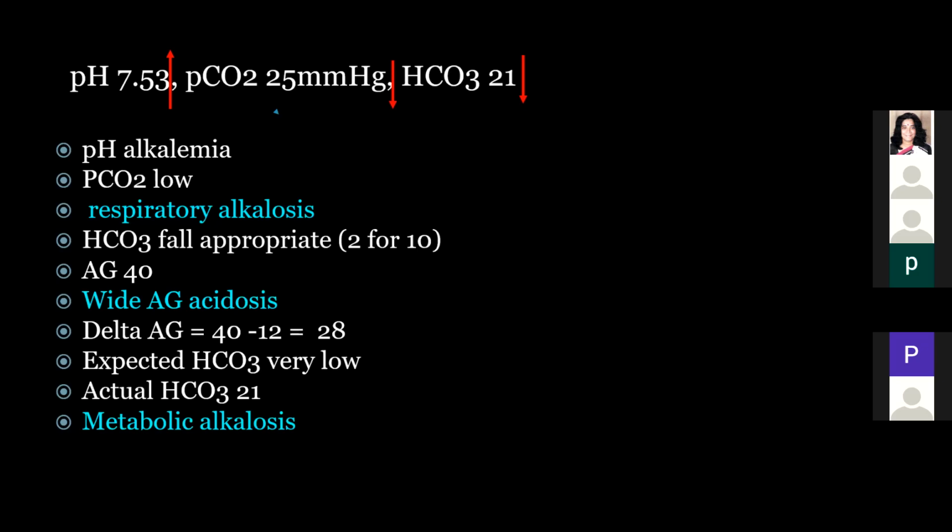Straightforward metabolic alkalosis, your urine chloride helps. But when you have a mixed picture like this, they're all interacting with each other. And so based on one urinary parameter, you may not be able to conclude.